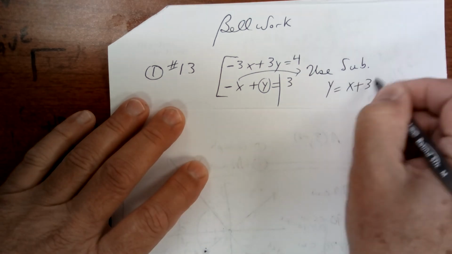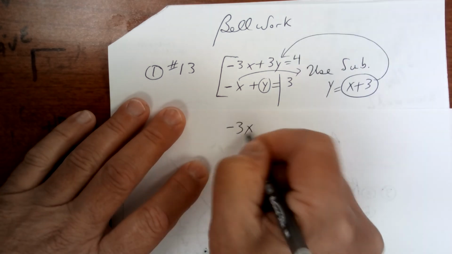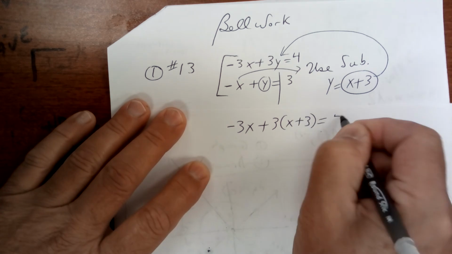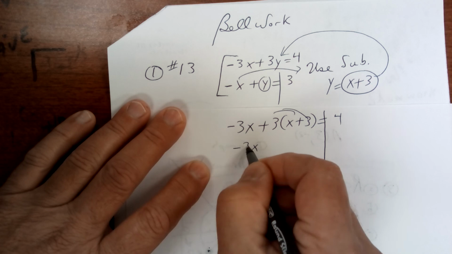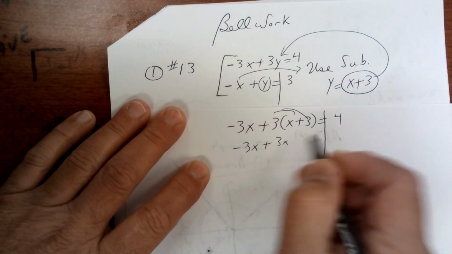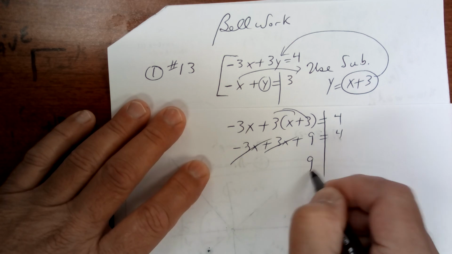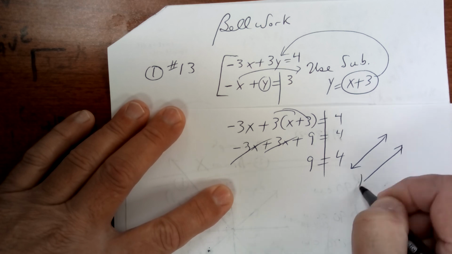You're going to substitute that in place of the y. You're going to distribute, so you get negative 3x plus 3x plus 9 is equal to 4. These cancel. 9 is not equal to 4, so the lines are parallel and there's no solution.